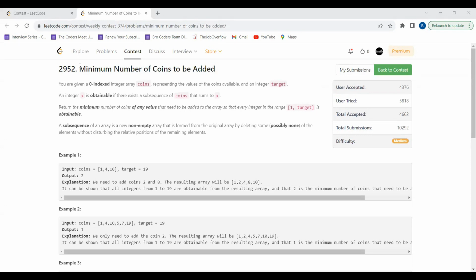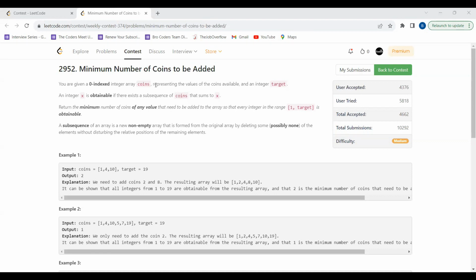So the problem statement says: minimum number of coins to be added. You are given a zero-indexed integer array coins representing the values of coins available, and an integer target. An integer x is obtainable if there exists a subsequence of coins that sums to x.